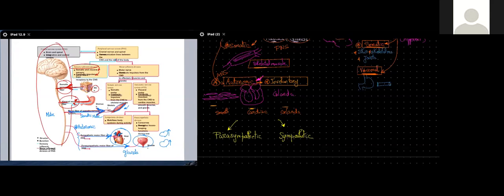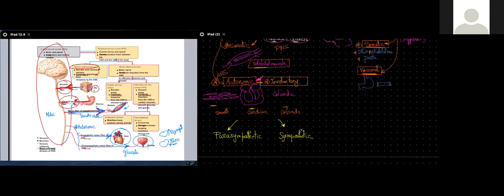So the other division should be reducing the heart rate for me to have the best regulation of the heart rate. So as we're going to learn, sympathetic nervous system is going to be increasing the heart rate. Parasympathetic nervous system is going to be decreasing the heart rate.